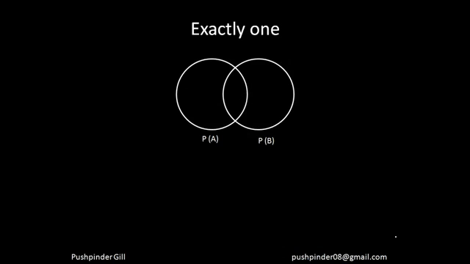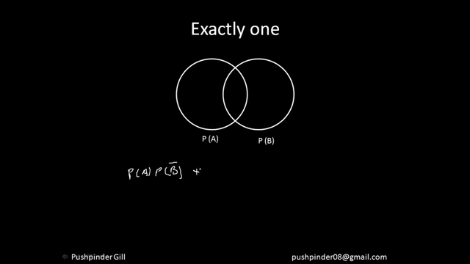Now I have to find the probability of exactly one event happening, that A happens and B does not happen, or B happens and A does not happen. This is what I want, and this is your answer, guys. I've told you the answer. Exactly one event should happen. If A happens, B should not happen, right?